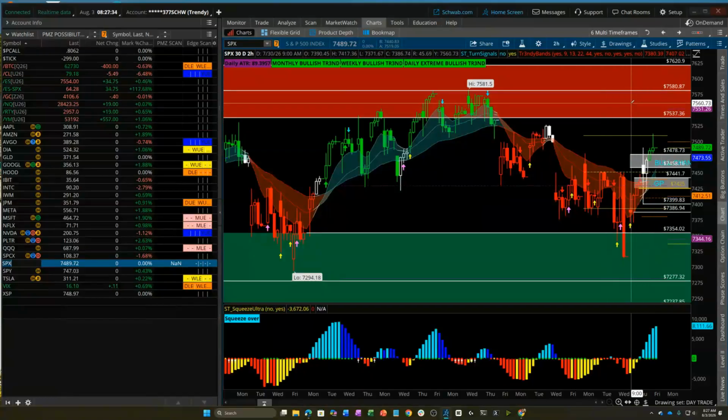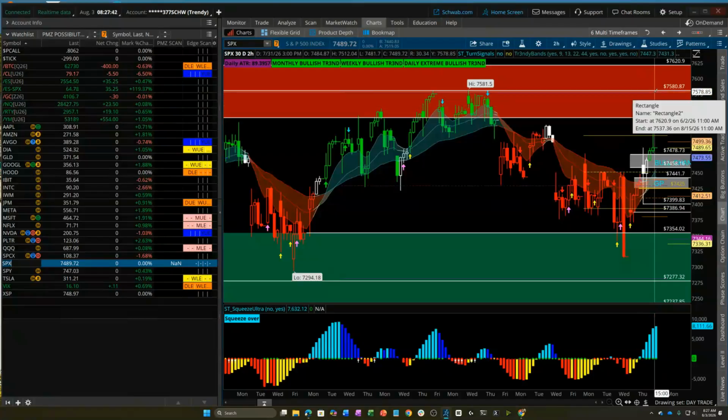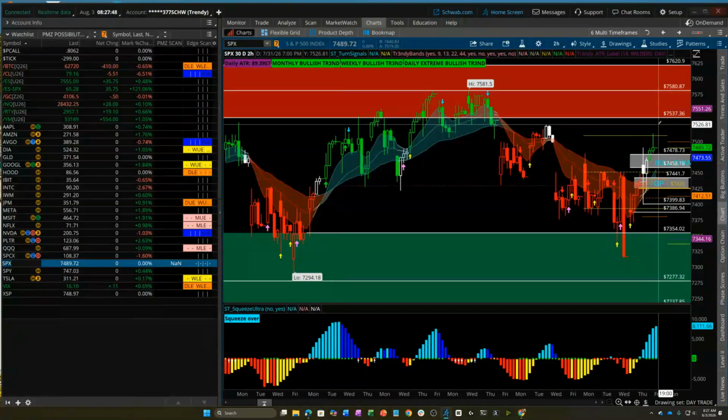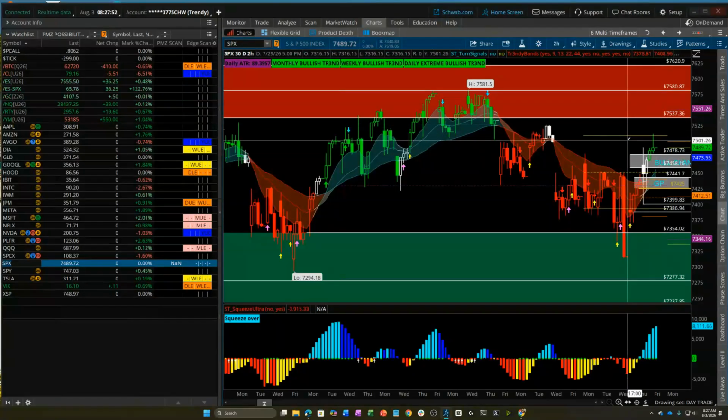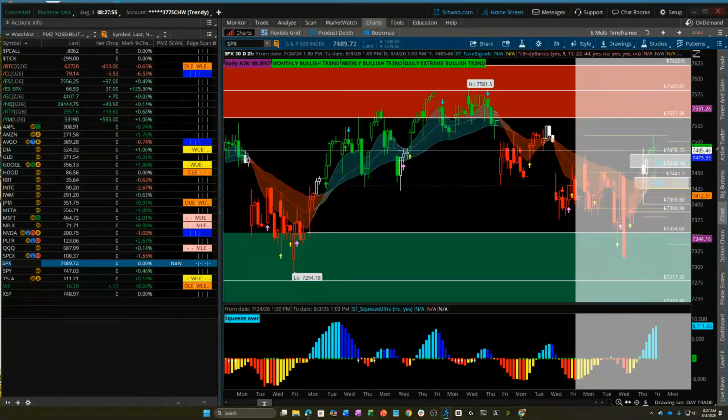And so I would take my profits and move my stops up, protecting my unrealized profits as we go into this sell zone. All right. If price is below the PMZ and it is a trigger short for me, then I have some levels to put on my chart.